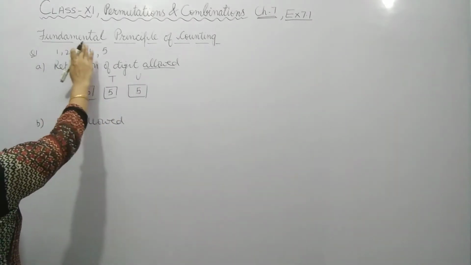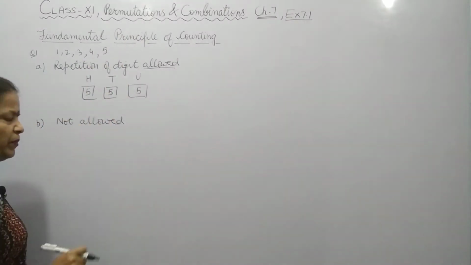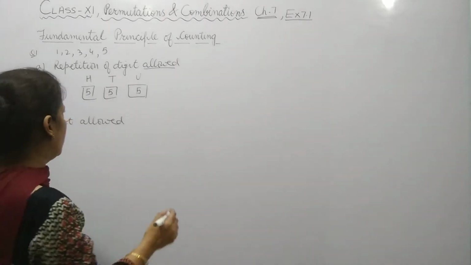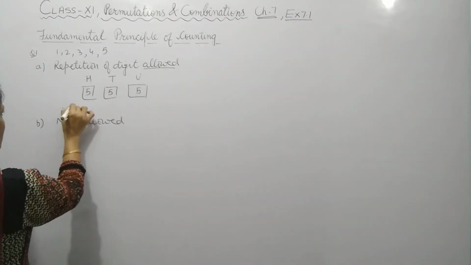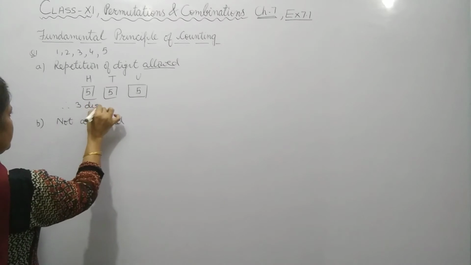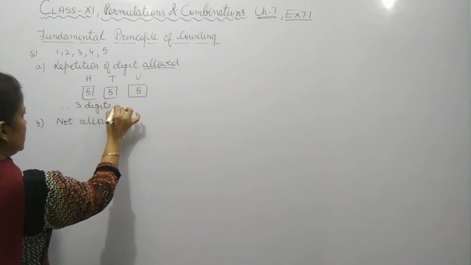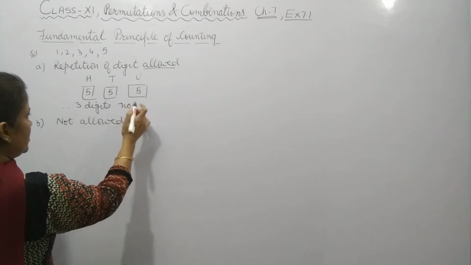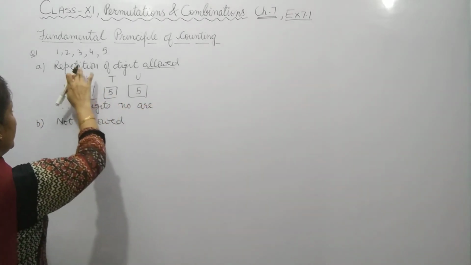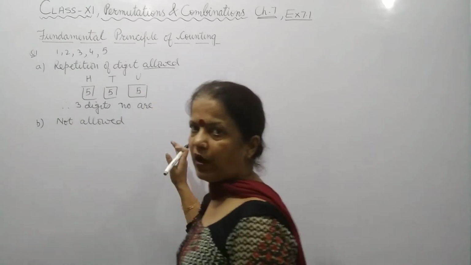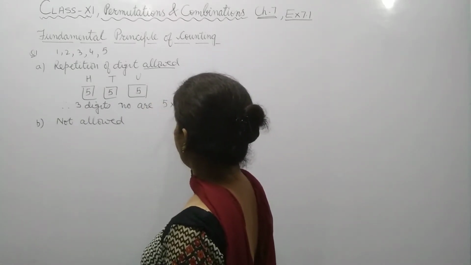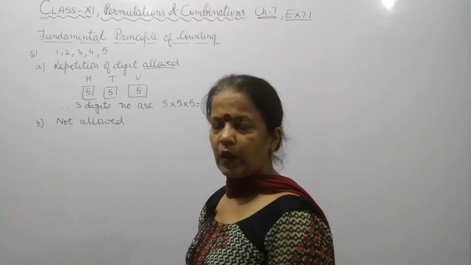According to the fundamental principle of counting, the question is how many 3-digit numbers can be formed. The 3-digit numbers will be 5 multiplied by 5 multiplied by 5.